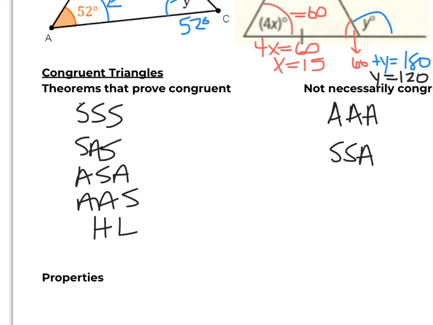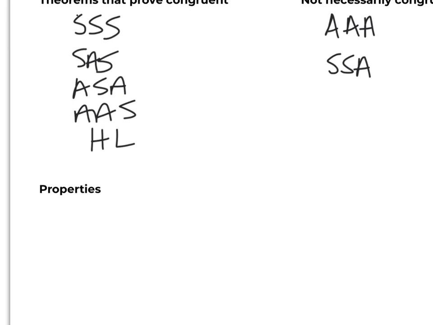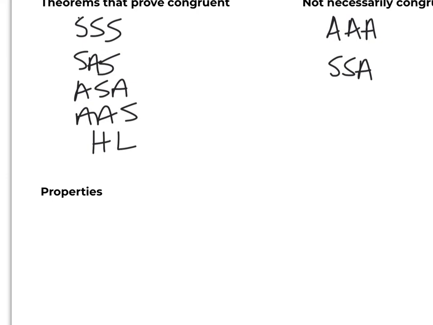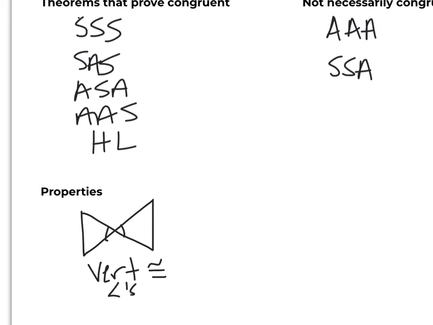And when we were marking triangles, remember that it was not about whether they looked congruent, it was about whether we could prove it. And so we had things like vertical angles are congruent. Then we had figures where I had a shared side, and that was called our reflexive property.